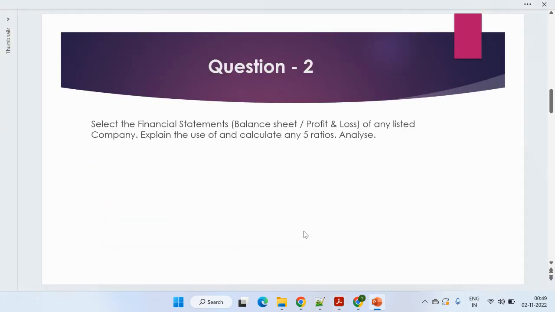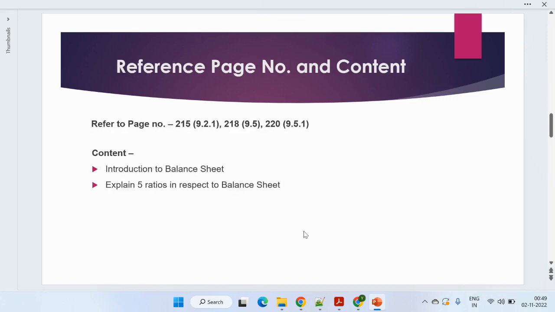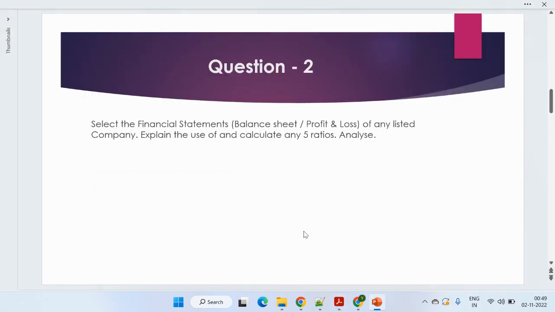Moving to the second question: select the financial statements of any listed company, explain the use of and calculate any five ratios, and analyze. Firstly, it's being asked to select. You can go to the internet, go to Money Control, or use any website to download the balance sheet or the profit and loss statement.